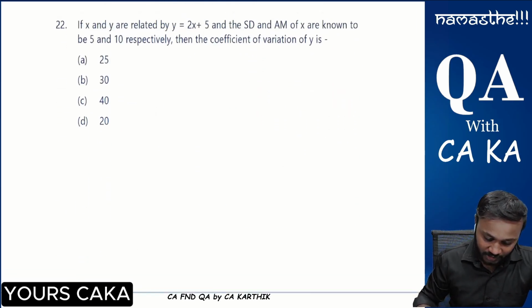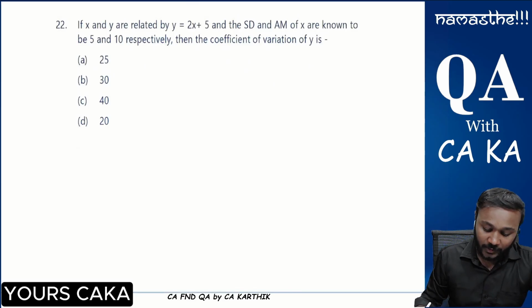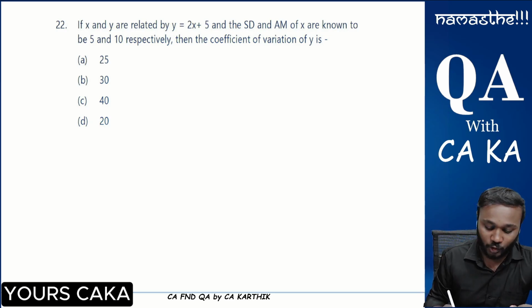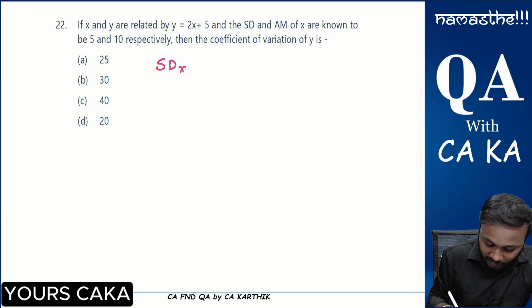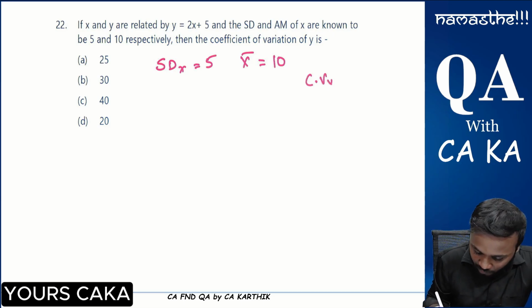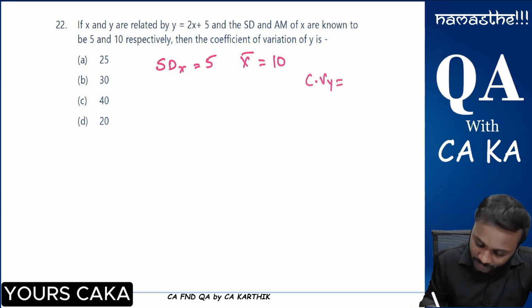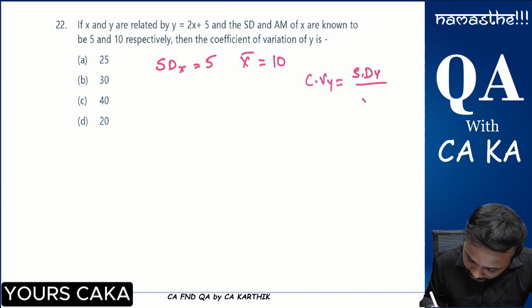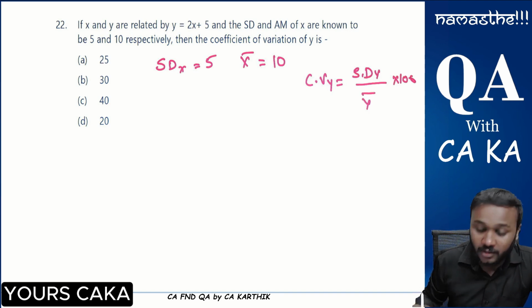Now let's jump into the next question. If x and y are related by y is equal to 2x plus 5, and the standard deviation and arithmetic mean of x are known: standard deviation of x is equal to 5 and mean of x is equal to 10. Now the question is the coefficient of variation of y. The formula is standard deviation of y by y bar into 100.